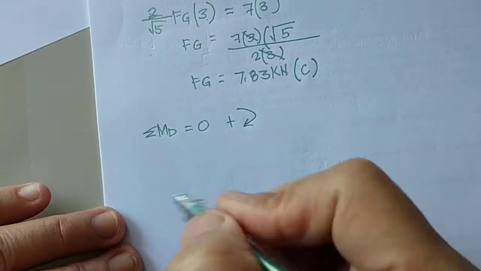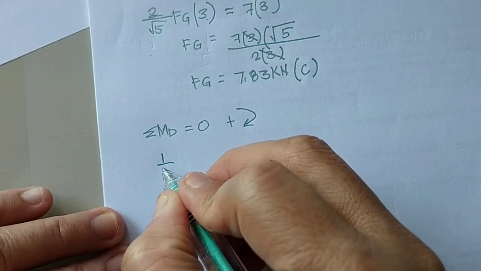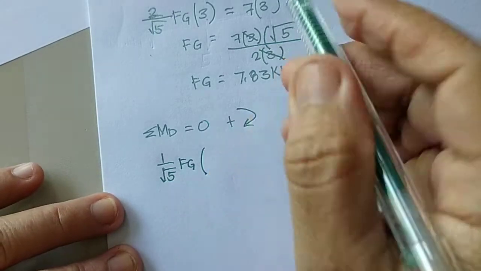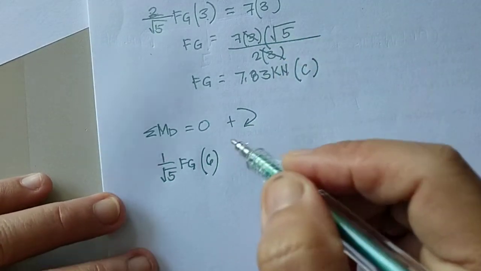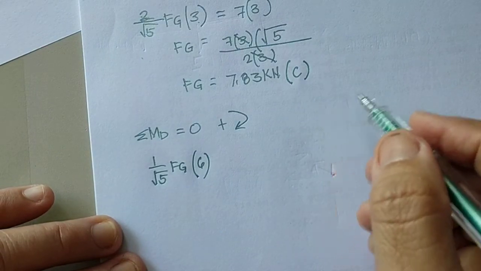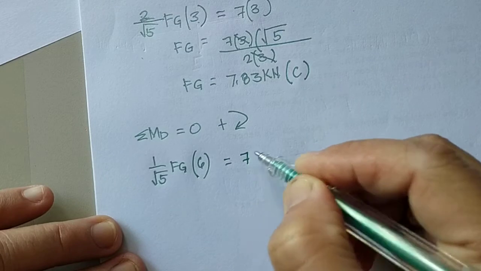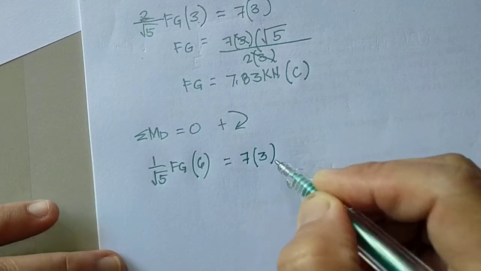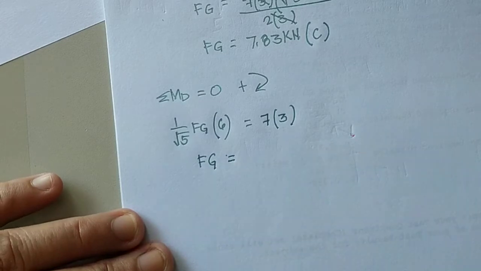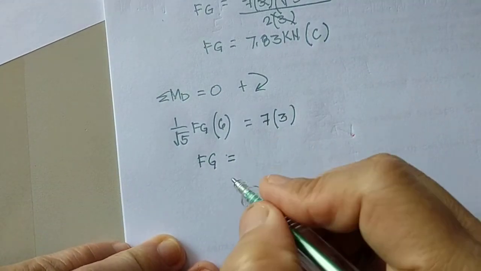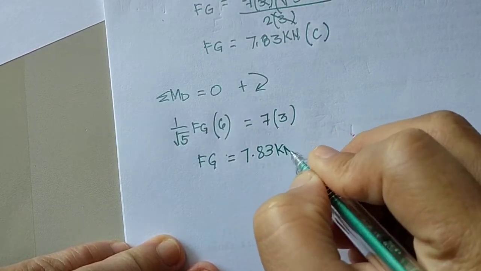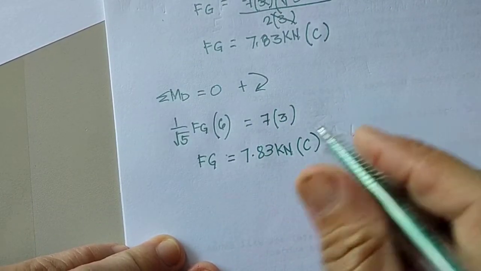So 1 over square root of 5 FG multiplied by 6 as moment arm equals 7 multiplied by 3. Then FG, okay, we get the same answer, 7.83 kilonewton compression.